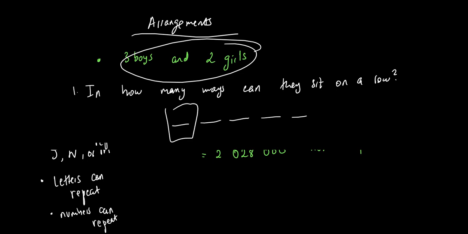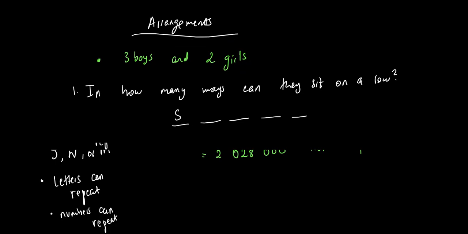So how many options do you have? You have 5 options. What about here? You have 4 options. No, check. Am I going to say I have 5 options again for the second seat? Are we going to say for the second seat there we have 5 options again?